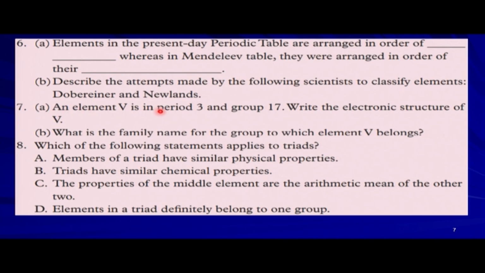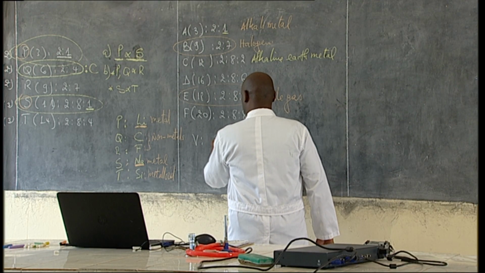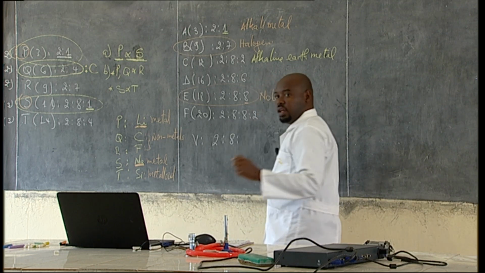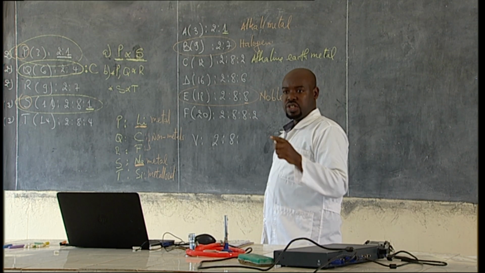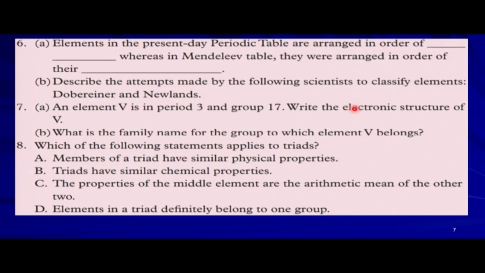An element V is in period 3, group 17. Write the electronic structure of V. The electronic structure of V will be, it is said it is in period 3, so it has three shells: 2, 8, and the last, corresponding to the group number, is 7.